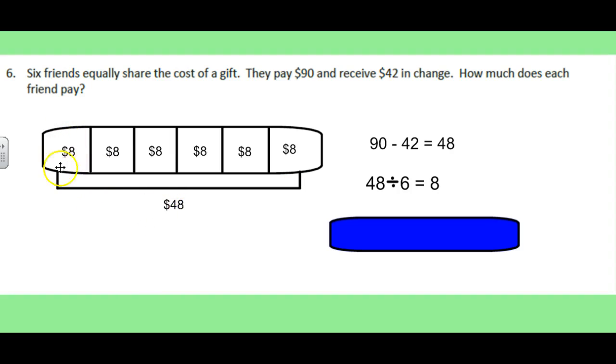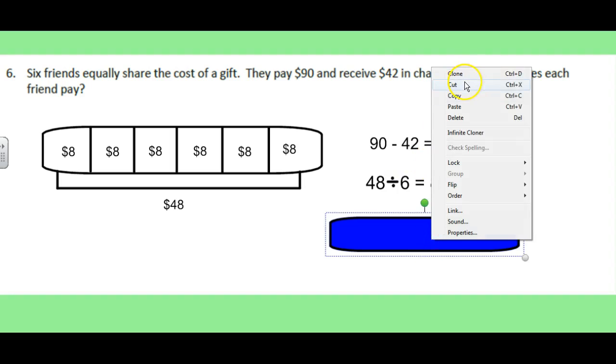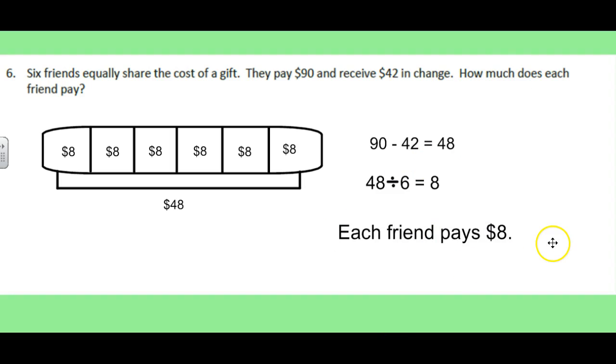I just had to figure out how much each person was paying, and it turned out that each person paid $8, and the equation that went with this was 48 divided by 6 equals 8. And the sentence that I was looking for was: each friend pays $8.